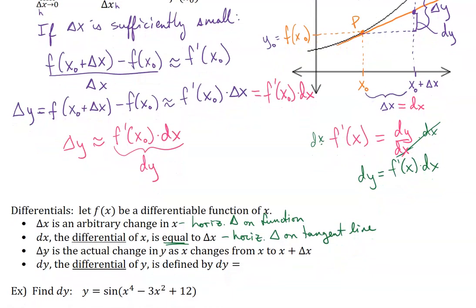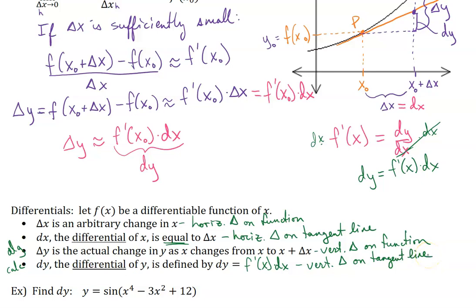Okay, now delta y, this is an algebra topic, not a calculus topic. Delta y is the actual change in y as x changes from x to x plus delta x, okay? Or in other words, this is the vertical change on the function. dy, which is calculus, the differential of y, is defined by dy equals f prime of x times dx, and this is the vertical change on the tangent line.